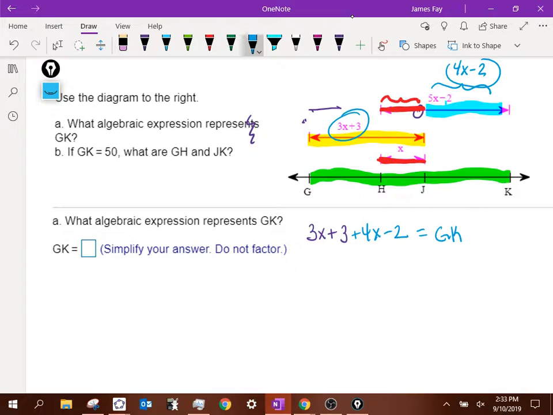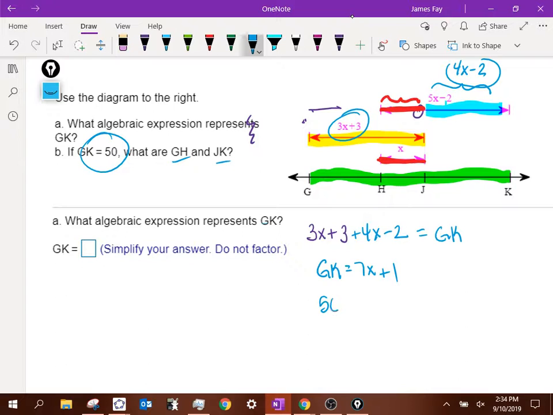You're going to want to write that as 7x plus 1 is equal to GK. Now it says, well, if GK is actually 50, can you find GH and JK?